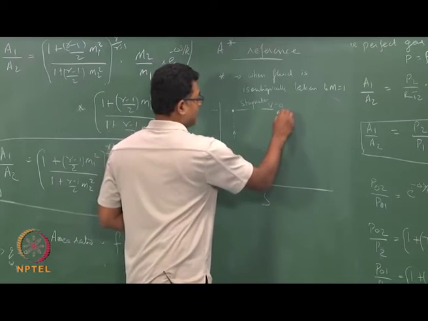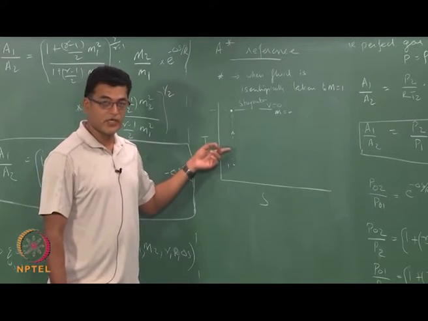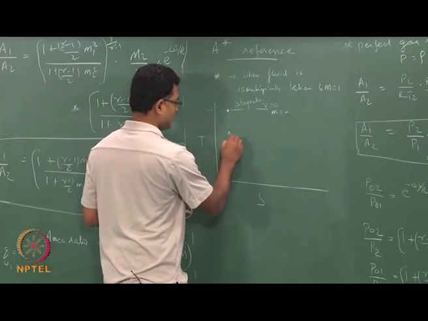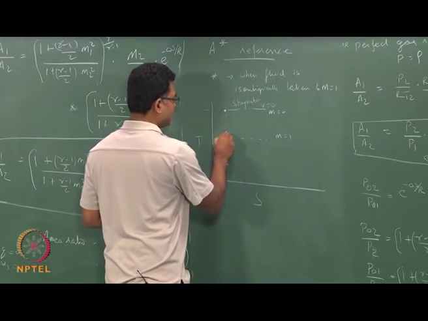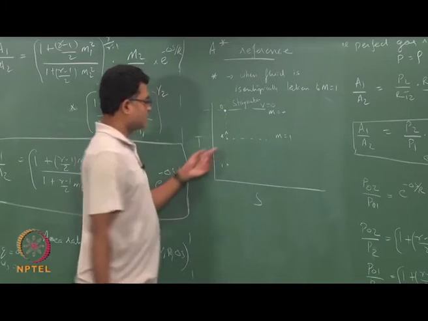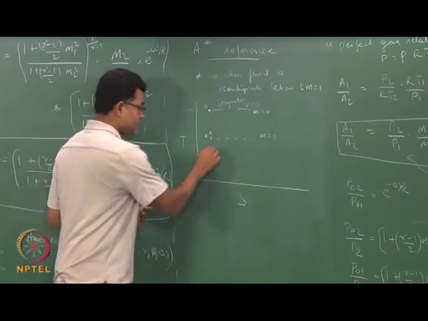So, if I take the point isentropically to V equals 0, then I get my stagnation point. So, this is my M equals 0. Now, instead of M equals 0, if I take it to M equals 1, so let us say it is somewhere here, then I have my star condition. I take it isentropically, that is very important.